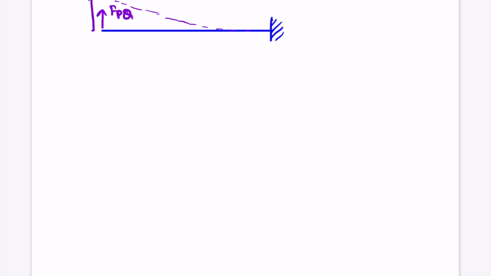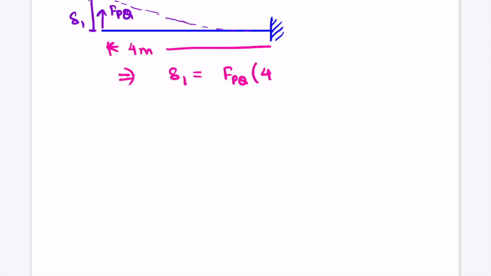So here this delta 2 will be equal to PL cube by 3EI. What is P here? FPQ. What is length? Length is 4. Total length here is 4 meter. PL cube divided by 3EI.